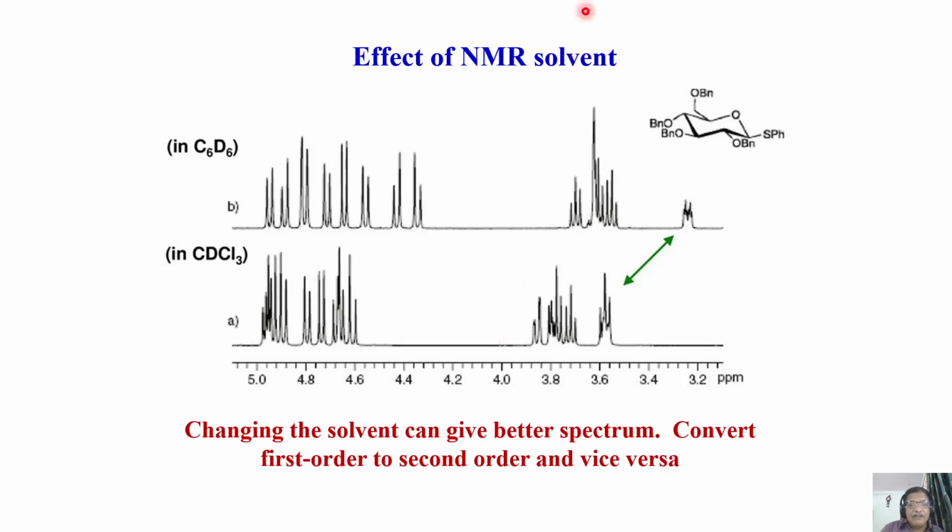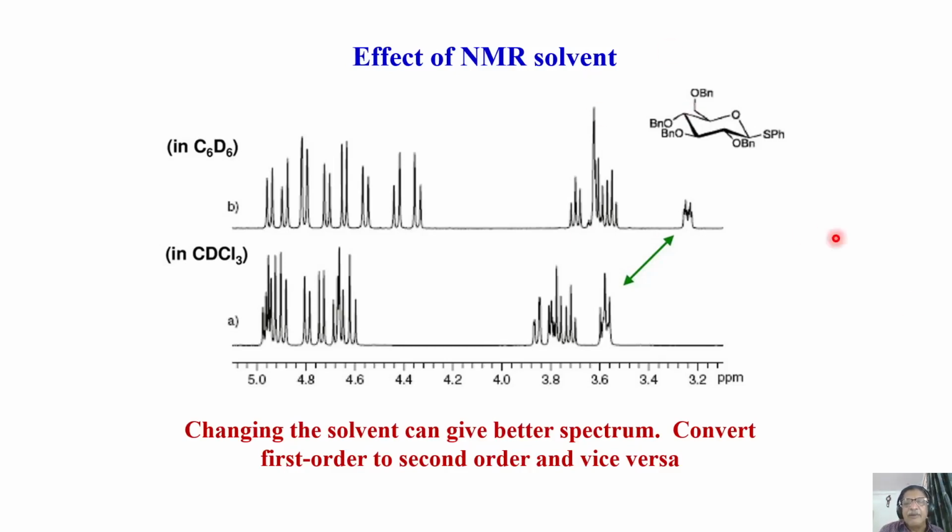When you change the solvent, sometimes you can see the spectrum gets better and better in some sort, but not always. Don't think that you keep on changing the solvent to get a better quality NMR spectrum. No, only in some examples I'm giving you. It can sometimes happen, but by and large, it won't change so drastically.